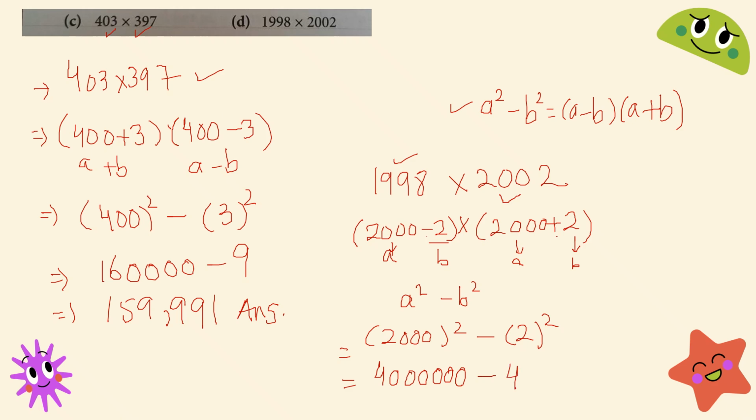Now let's subtract 4 from 4 million, and you are going to get 3,999,996, and this will be the required answer.